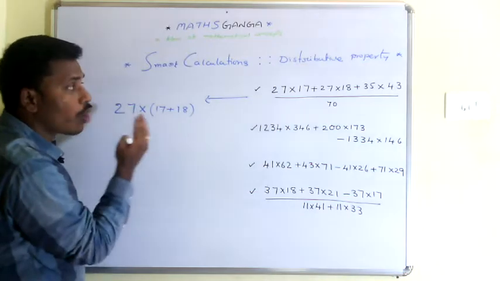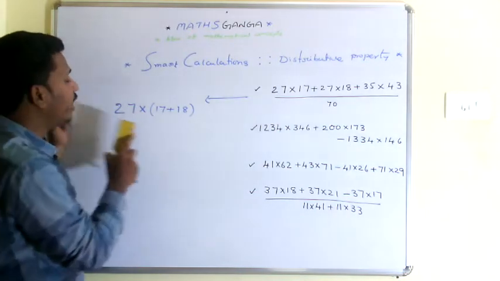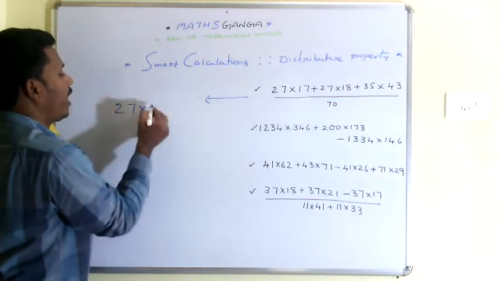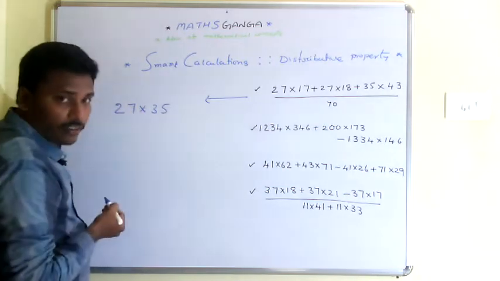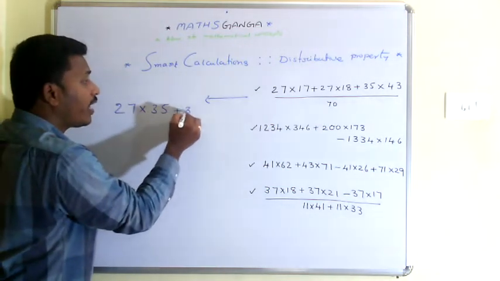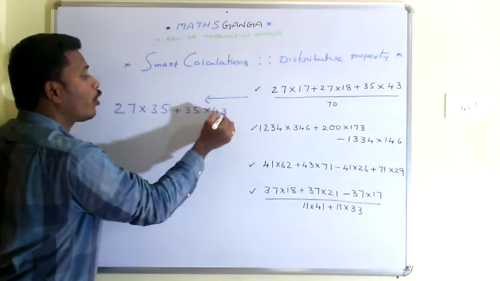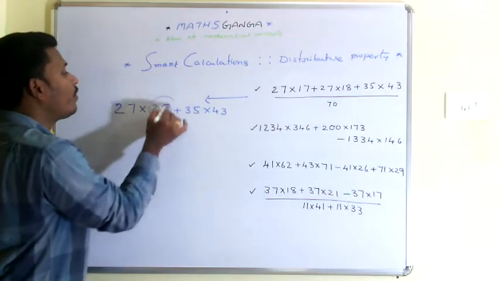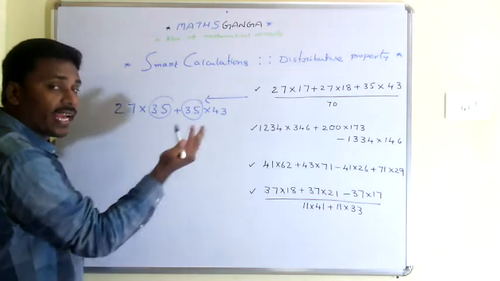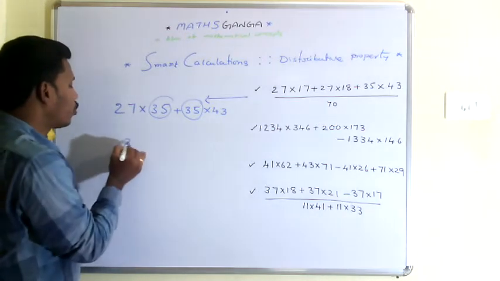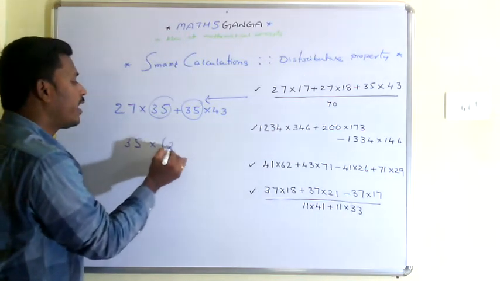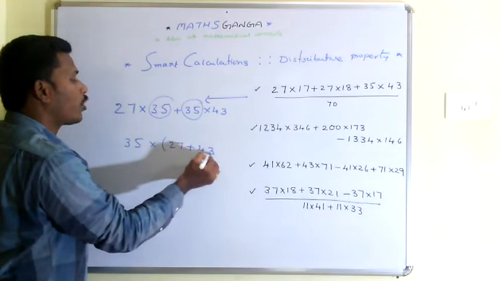Since 27 is common, I pick it out. What is 17 plus 18? Which is nothing but 35. So 27 into 35. Plus, what do I have there? 35 into 43. Again, this 35 is common in the two terms. Again, I collect 35 out. So 35 into, again it is 27 plus 43.